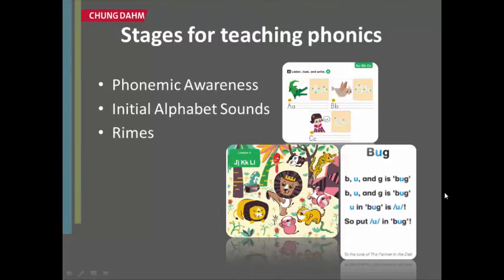You start phonics instruction with teaching the initial alphabet sounds. That is, how the alphabet letter sounds at the beginning of a word. For example, A in alligator, axe, and apple. After that, we move on to teaching rhymes. In essence, rhymes are like word families.